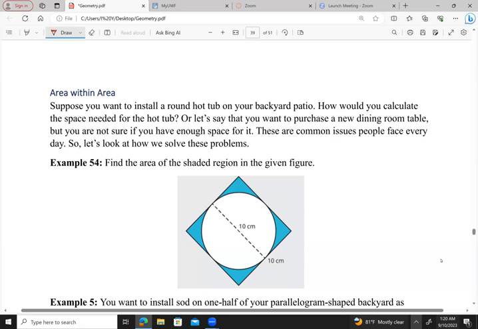We want to find the area of the shaded figure. So our square or rhombus is 10 by 10. So the area of the rhombus is 10 times 10 or 100 centimeters squared. Now my circle has a diameter of 10, so it has a radius of 5. So 5 squared times pi.